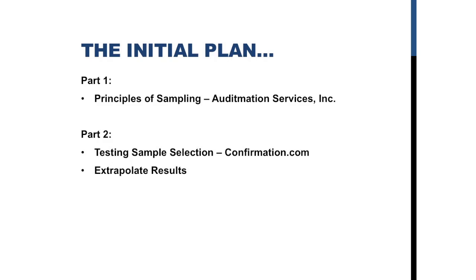And third-party evidence is considered to be a very strong source of evidence for financial statement audits. So the intention was for students to be exposed to the sampling software, then go ahead and test their selected sample using this new technology to get audit evidence, confirmation.com.